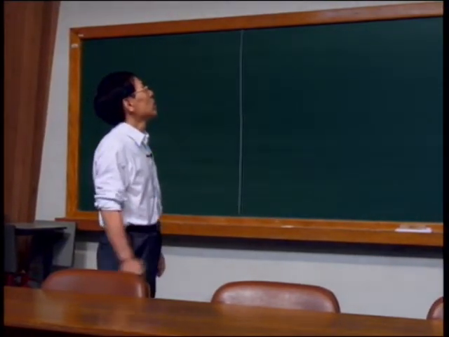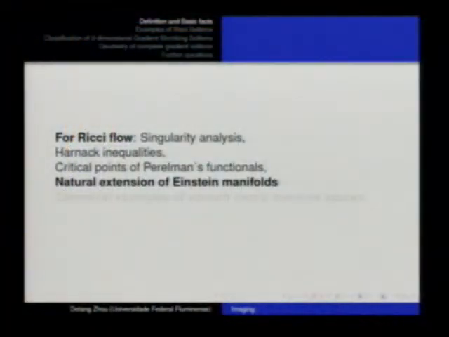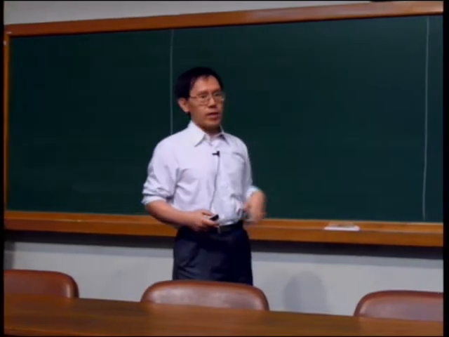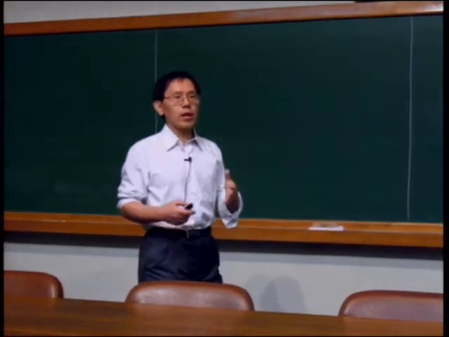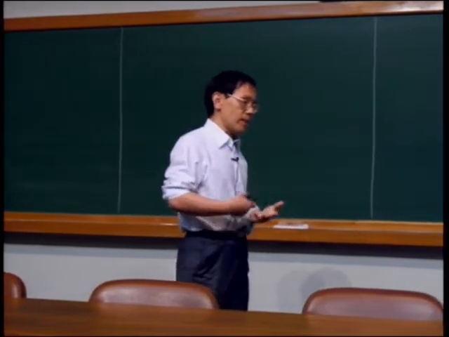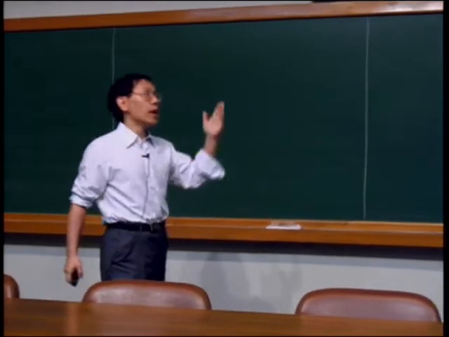Also, of course, it is a natural extension of Einstein manifolds. When you study the topology of a Riemannian manifold, it is convenient to find a good metric. In most cases, you look for the Einstein metric, but sometimes you don't have an Einstein metric on some manifolds.